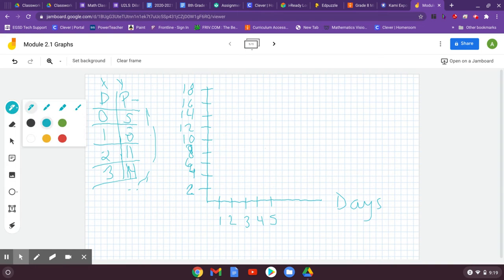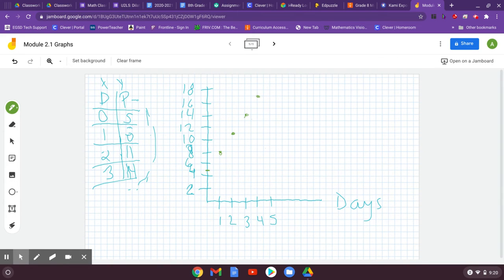And so now when I go to plot this, I'm going to do it in green. Day 0 is 5, so that's right in between my 4 and 6. Day 1 is 8, that's on the grids. Day 2 is 11. Day 3 is 14. 14 plus 3 would be 17, and then I'm off my chart.